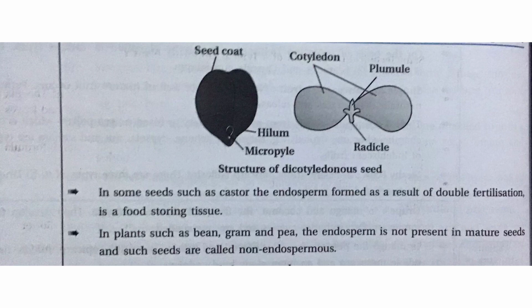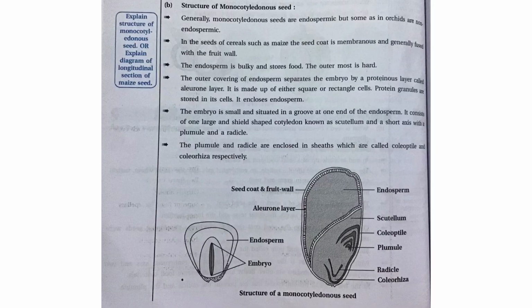Today we have learned about the monocot as well as dicot seeds, and you should do one practical at your home: soak all these dry seeds in water and then try to observe all these structures. I hope you will like this practical work, and you will be able to learn all these parts clearly.